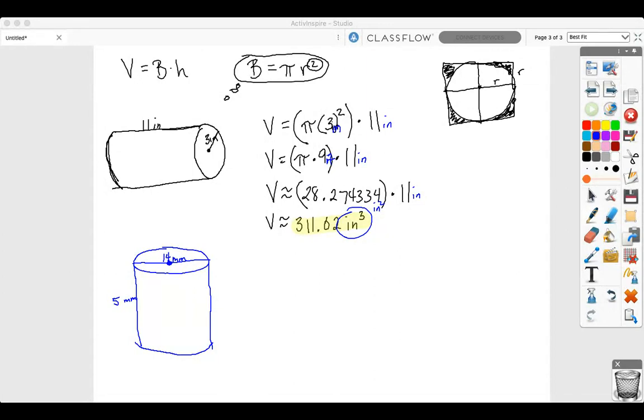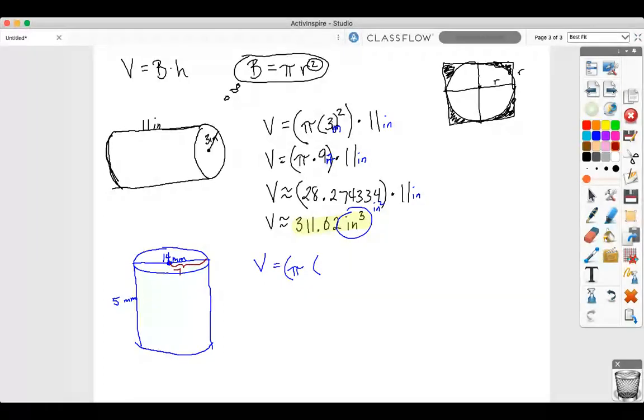Then we have to calculate the volume. Okay, so here we go. Volume equals, now area of the base is pi times 4. Whoa, it's not 14, is it? It's not 14, because this is the diameter. We don't want the diameter. We need the radius. So we need to take this diameter and cut it in half, because I only want half of it.